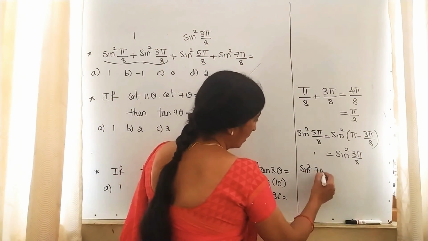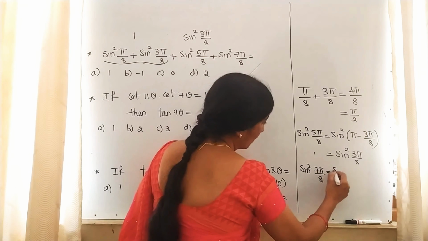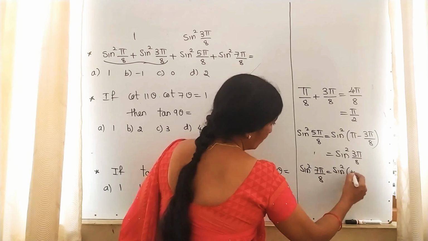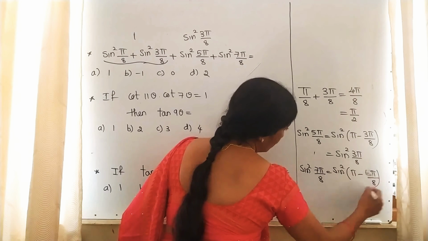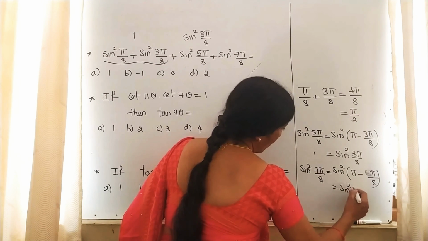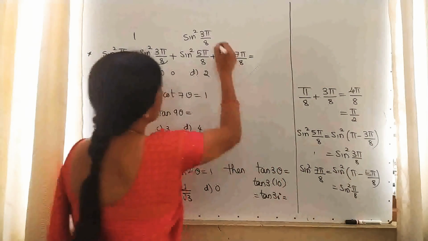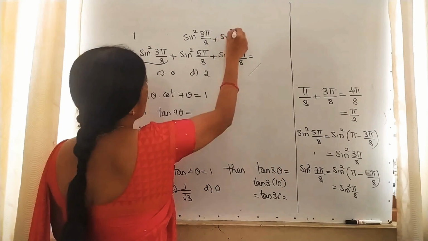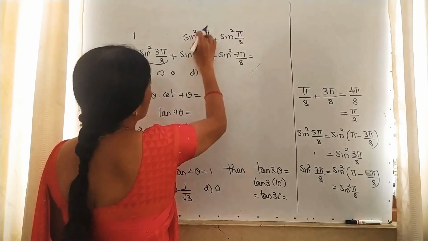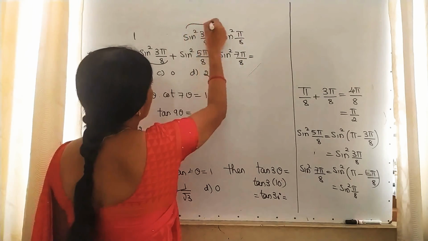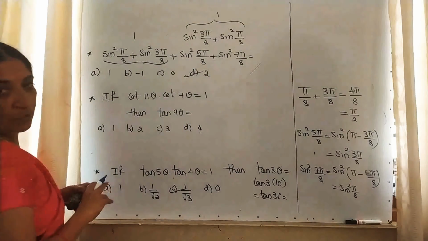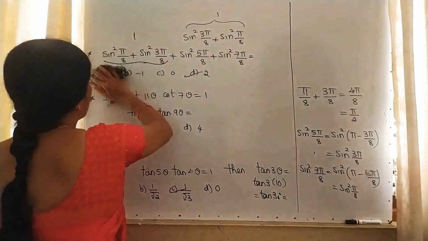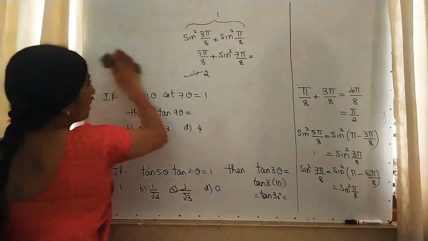Sin square 7 pi by 8 is sin square pi minus pi by 8. It is sin square pi by 8. See, 3 pi by 8 plus pi by 8 is 90 degrees. This is also 1. 1 plus 1 is 2. Is it very simple or what? Yes. Moving to the next example.